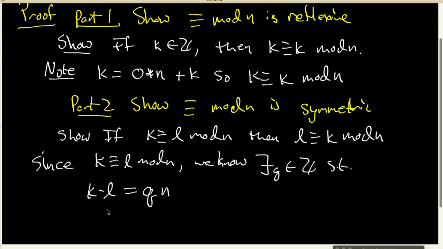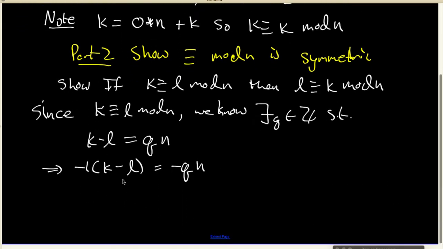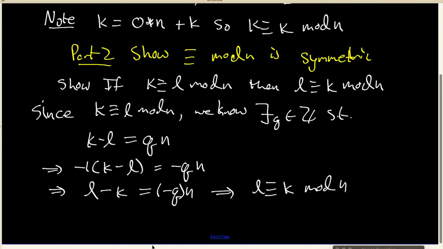But now I can multiply this equation by -1, and so we get -1 times (k minus L) is going to be minus q times n, but -1 times (k minus L) is the same thing as L minus k. So L minus k is equal to (minus q) times n. And when we look at this, that's enough to say that L is congruent to k mod n by the definition of congruency mod n.